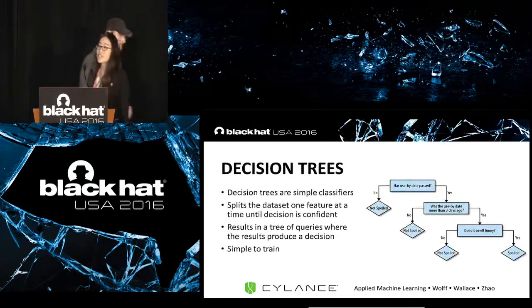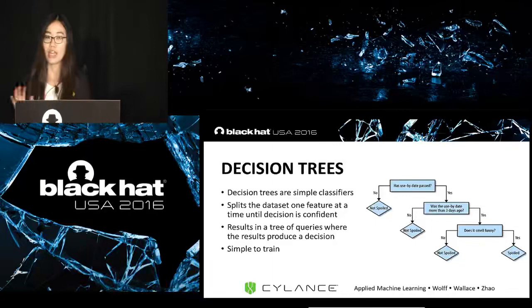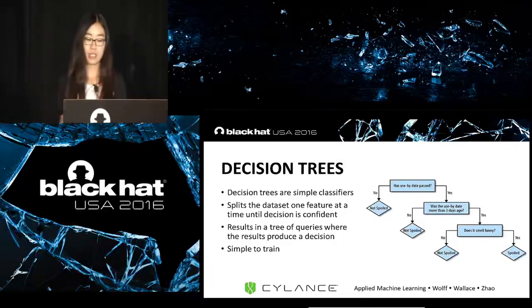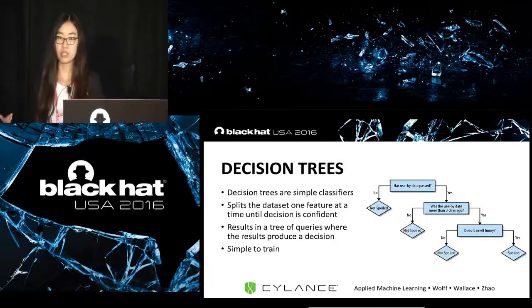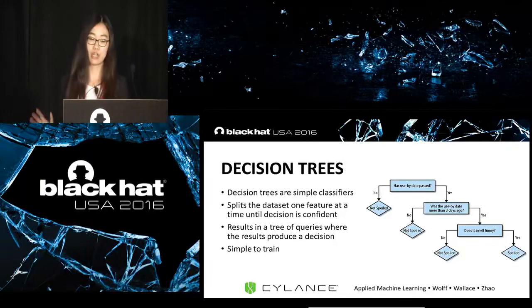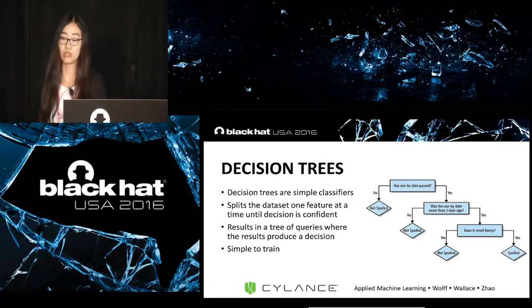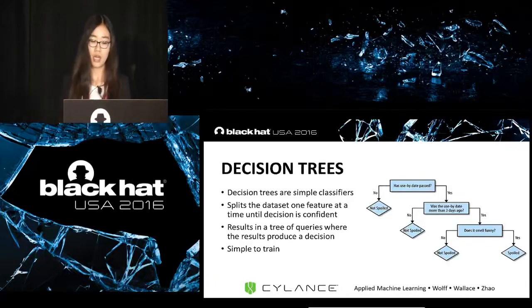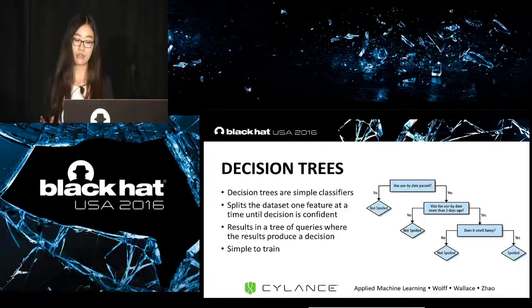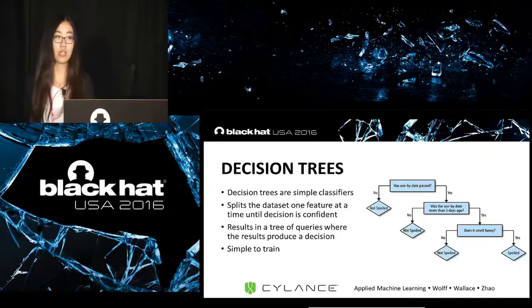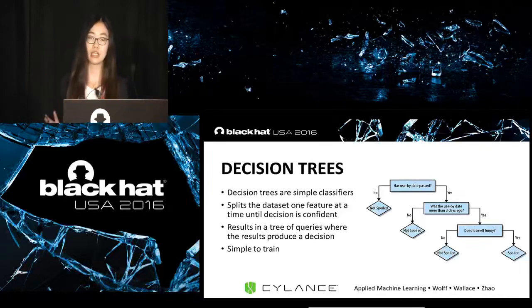So for doing this classification, to tell what it is, we are using an algorithm called decision trees. Of course, we have a lot of other choices, but we chose the decision tree because of a lot of advantages. It's easy to train, etc. The process of training a decision tree is much like humans making a decision.